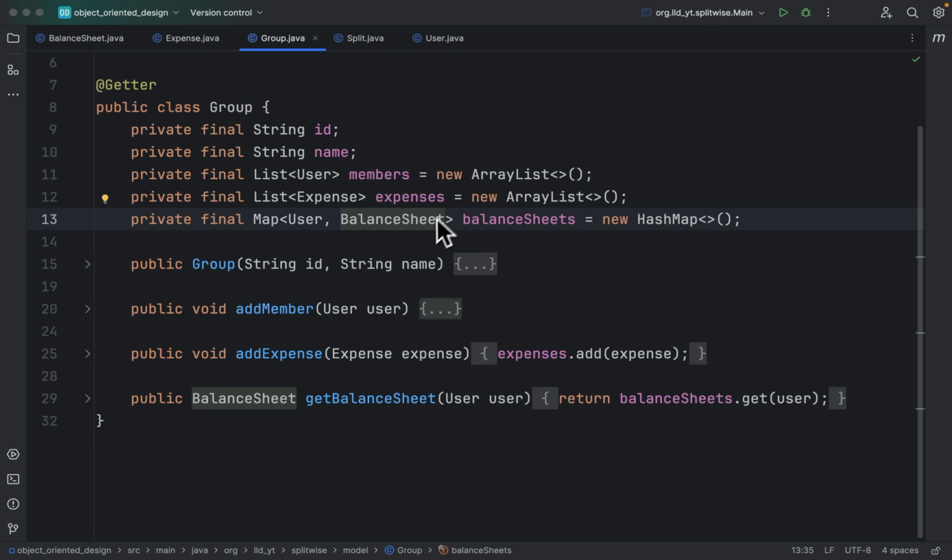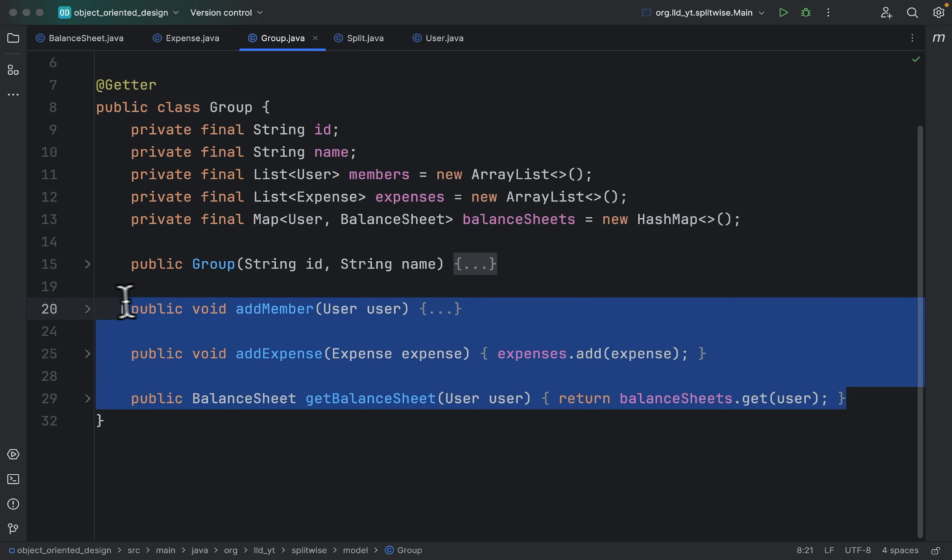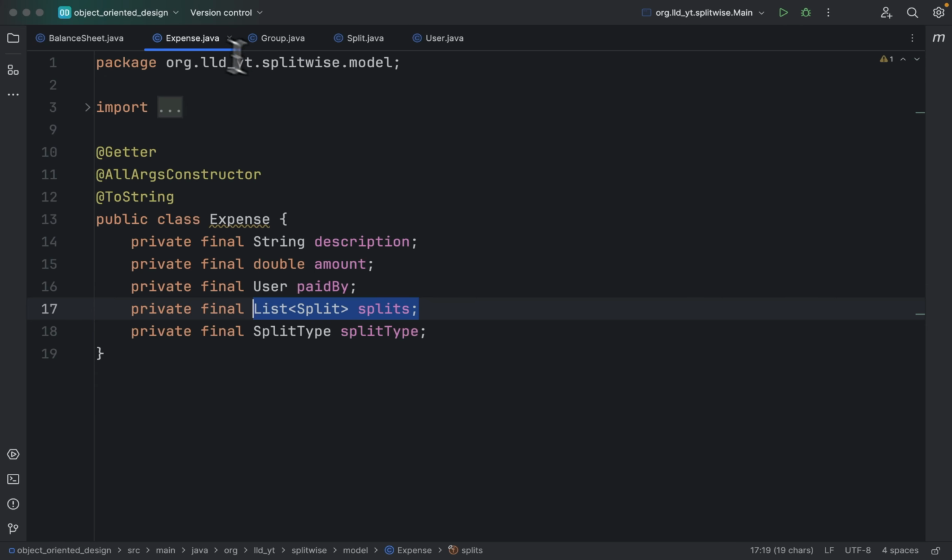Now again, coming to the group class. So this group class has some CRUD functions like adding the member into the group, adding the expense into the group, and getting the balance sheet of a specific user, right? Now let's check out the expense class. So in the expense class, we would be having the description of that expense.